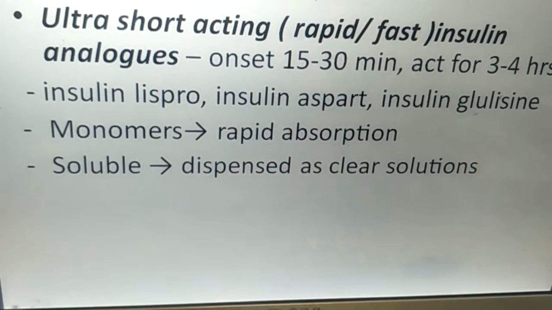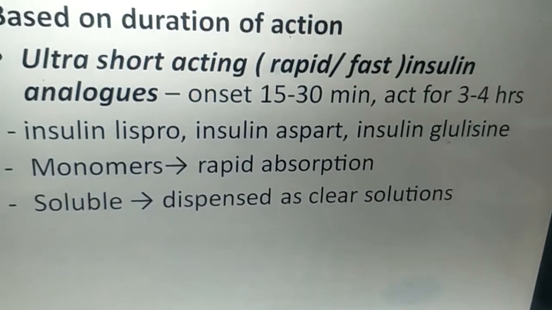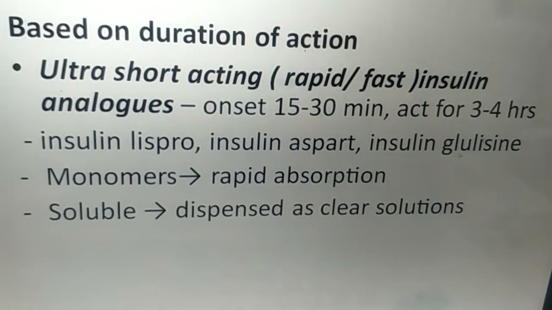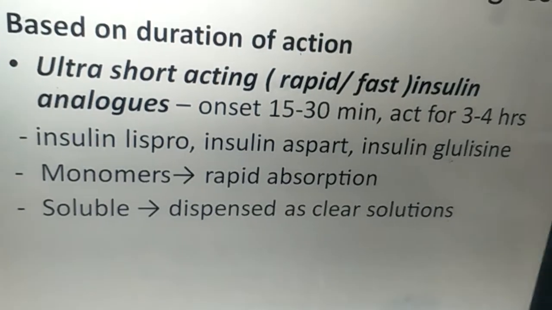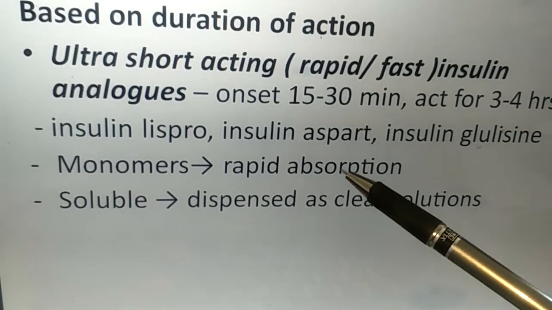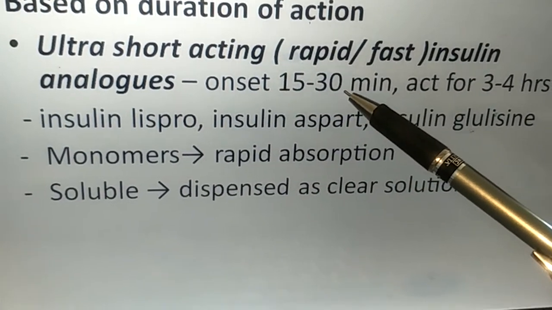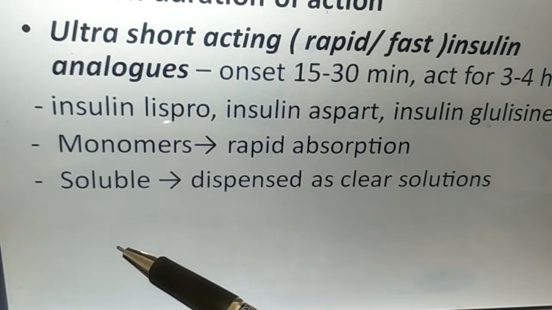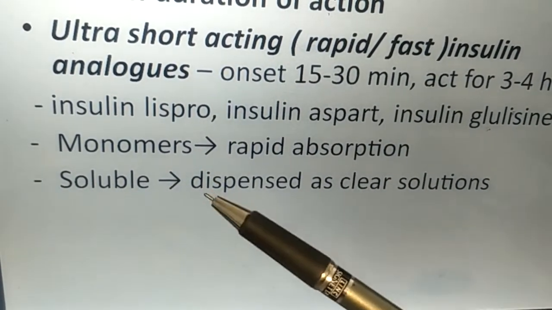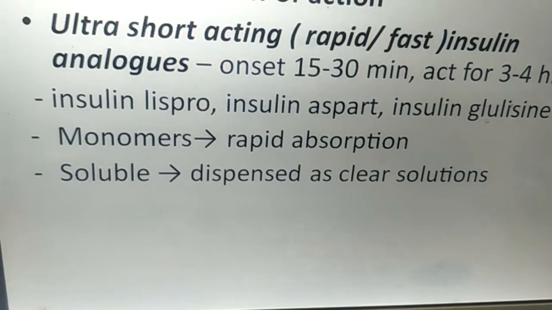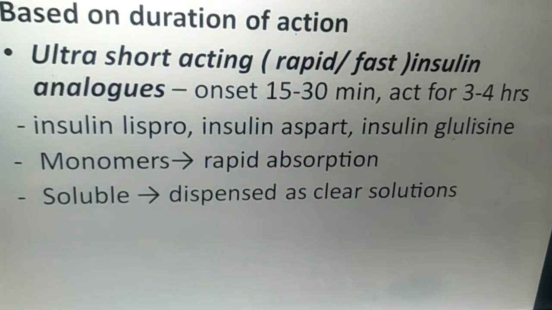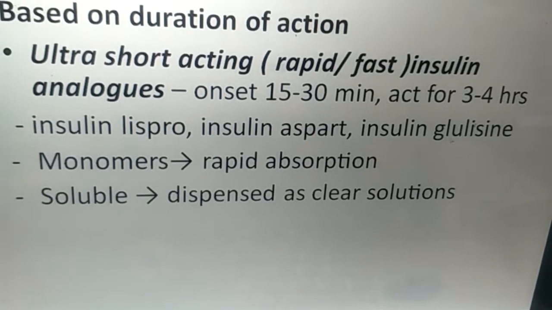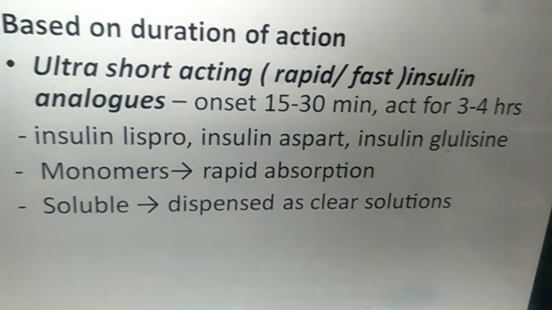These are monomeric insulins, and therefore they are absorbed rapidly. So when they are absorbed rapidly from the site of injection, their onset will be rapid. They are soluble, and hence they are dispensed as clear solution. Soluble in water, dispensed as clear solutions.